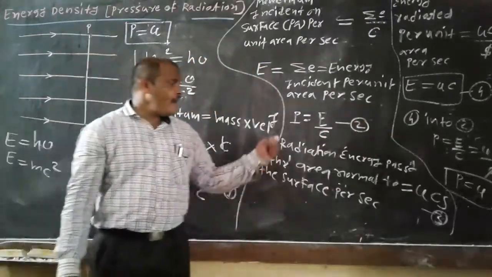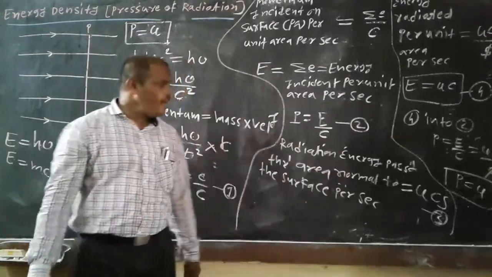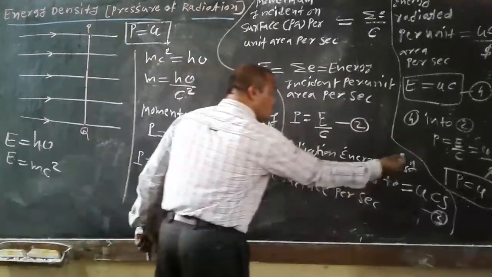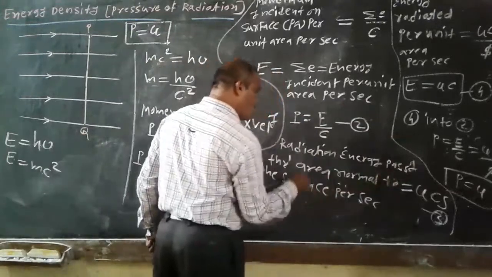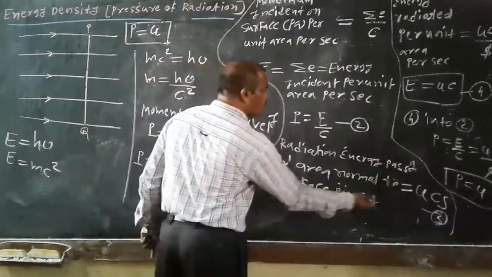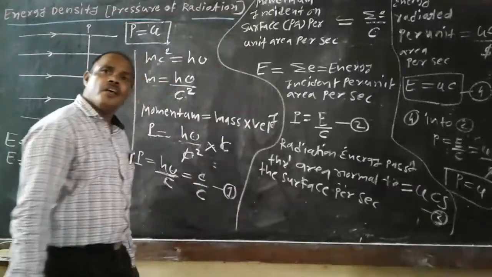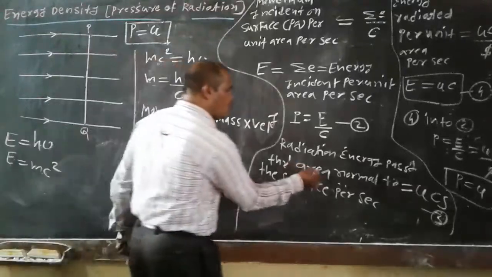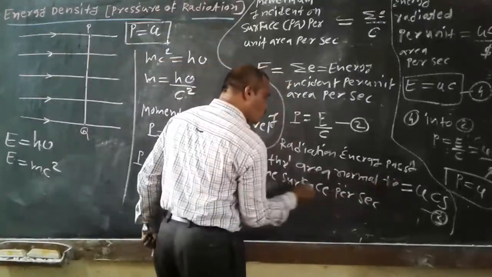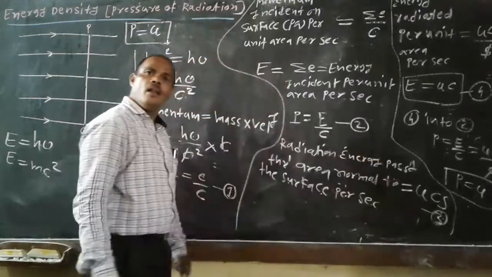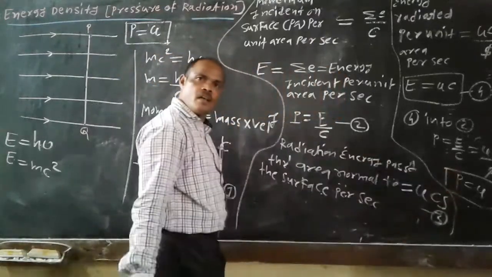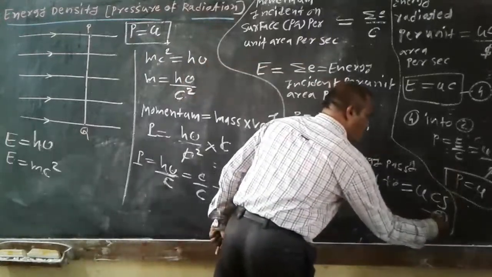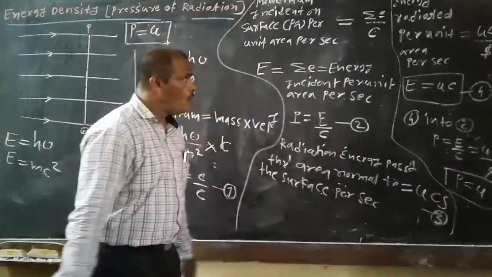Now radiation energy passing through the area normal to the surface per second is equal to UCS. Say this is equation number 3.